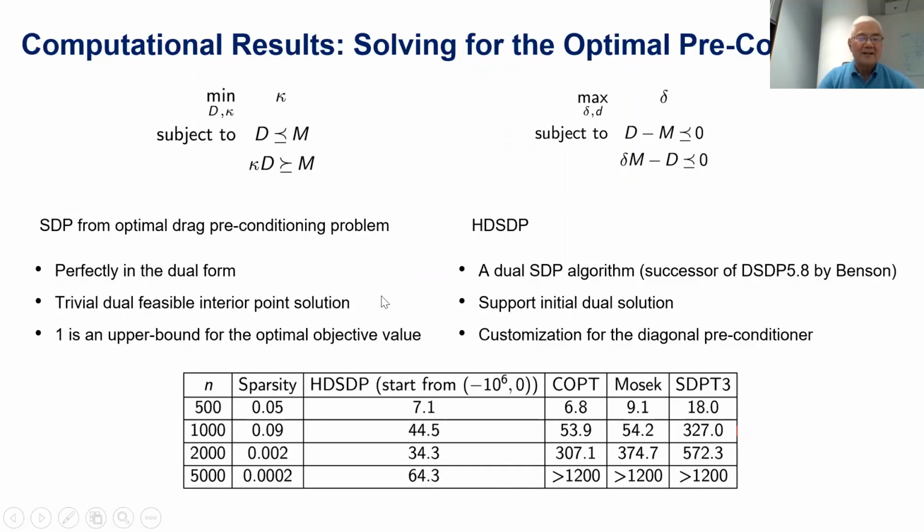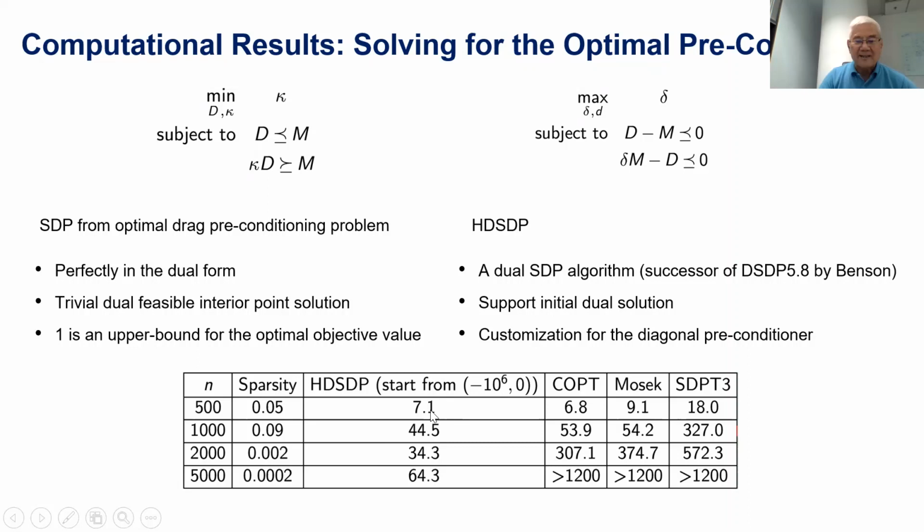It turned out it is. What's the best method for finding the optimal preconditioner? Actually, it is the HDSDP method. For these problems, we check the sparsity and generate some data. We want to get to 10 to the minus 6 accuracy, starting some interior point method.